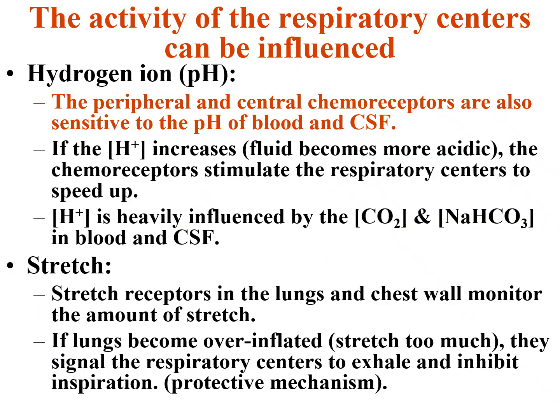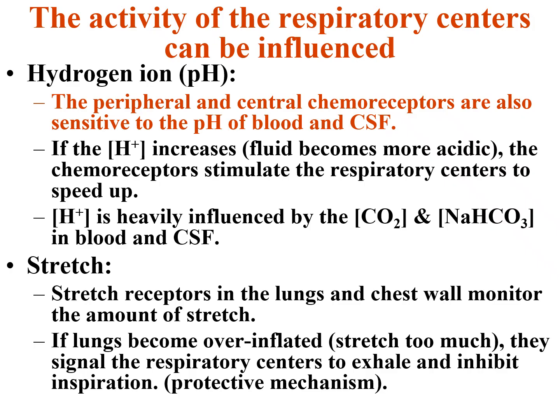But not just the oxygen level and the carbon dioxide level, but also the overall pH. In other words, the hydrogen ion concentration. So the peripheral and the central chemoreceptors are also sensitive to the overall pH of our blood and cerebrospinal fluid. If you recall, the pH of our blood has to be between 7.35 and 7.45.